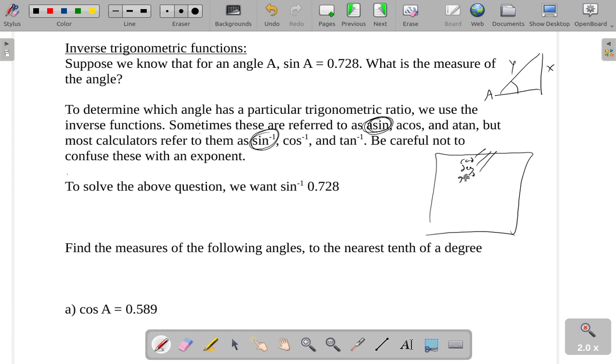We're not going to be using gradians at all in this class, but that is yet another form of measuring angles. So there's all sorts of different ways to do this, and as long as you're consistent with your methods, you should be able to make everything work out. But you just want to be careful there.